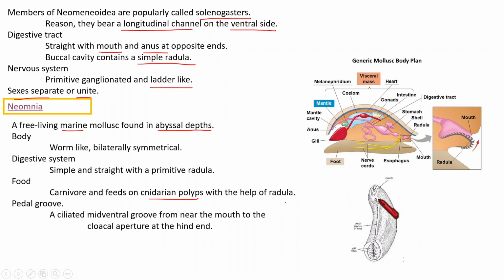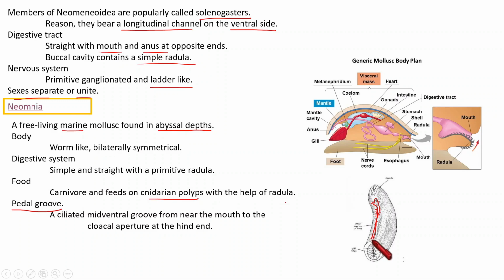Also, I pointed out that you have to note a groove on the ventral side. Regarding that groove, I am going to explain now. That groove is called the pedal groove. It is ciliated too, so the groove is this one and its sides are ciliated. So a ciliated midventral groove from near the mouth, this is the mouth, to the cloacal aperture at the hind end.